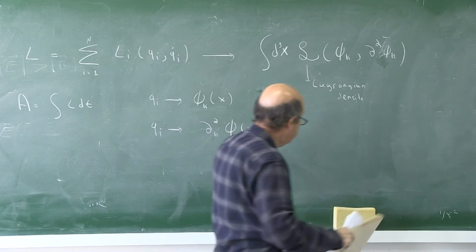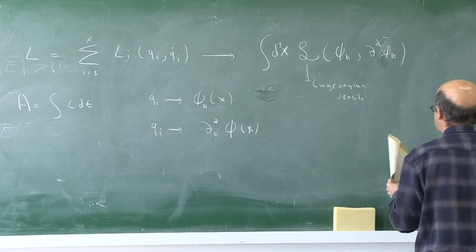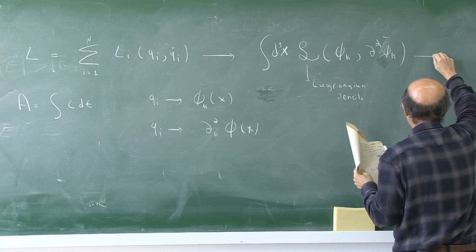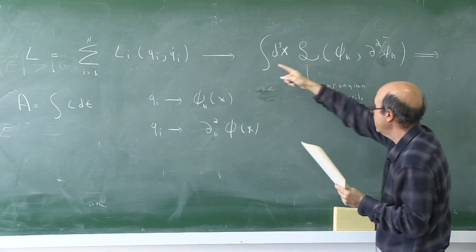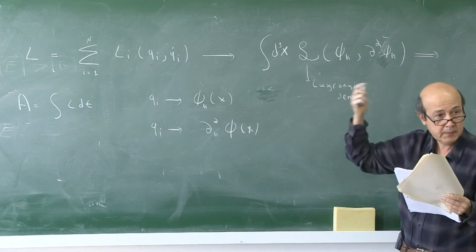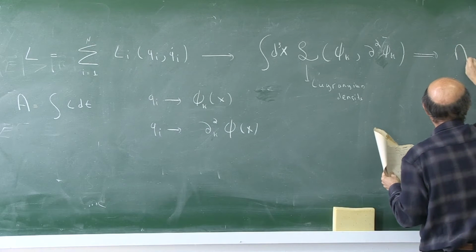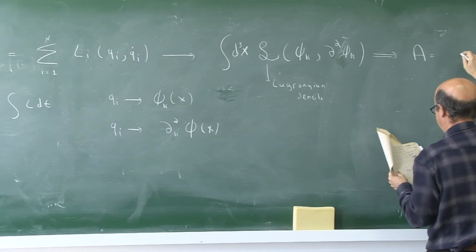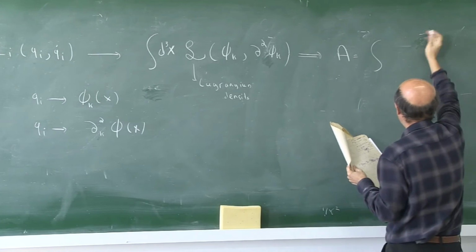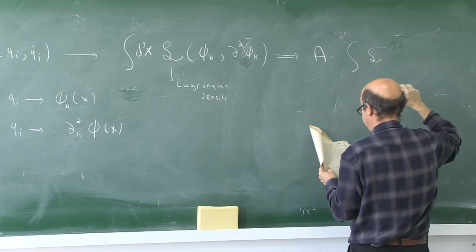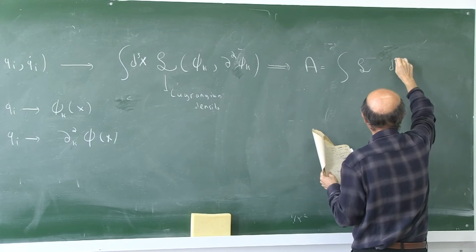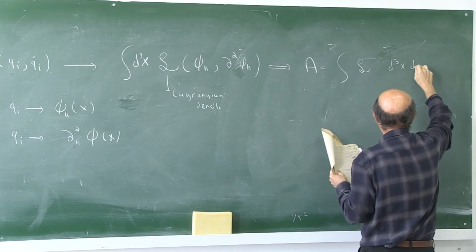Then the action here is the following. So you can guess what the action will be. If this is the whole Lagrangian, you have to integrate over time. So basically the action is the Lagrangian density integrated through the volume and time.